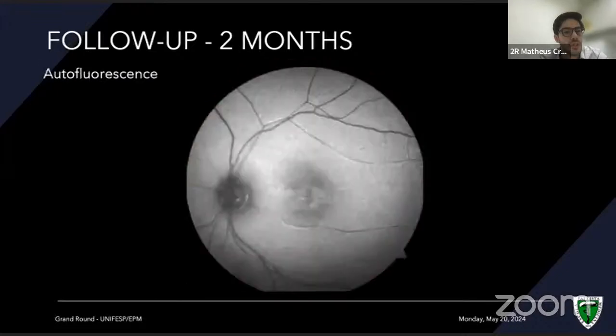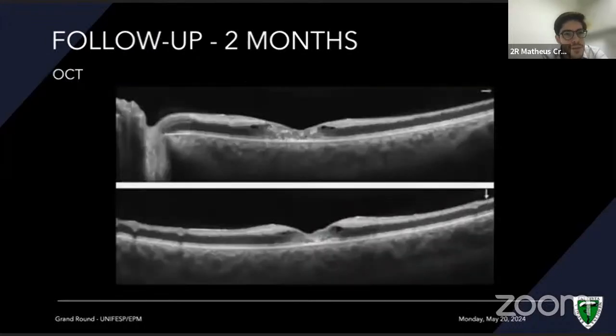And so here's the autofluorescence after 2 months. Here we can see this foveal lesion that appears to show alternating hyper and hypo autofluorescence. And here's the OCT after 2 months, where we can see this wide foveal depression, foveal thinning, and loss of the layers' parallelism.